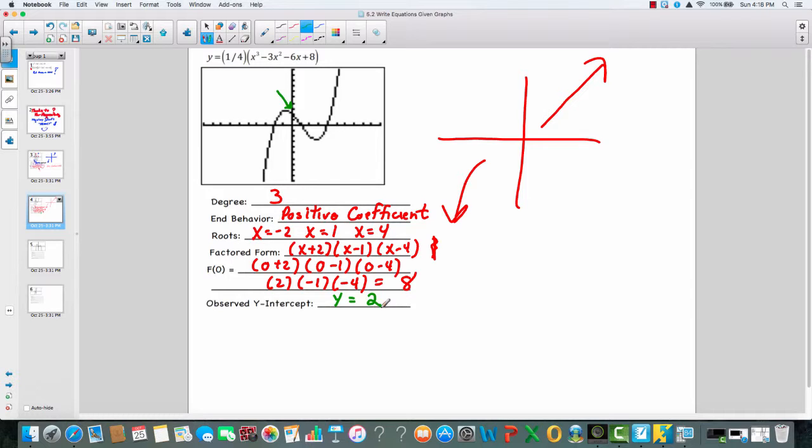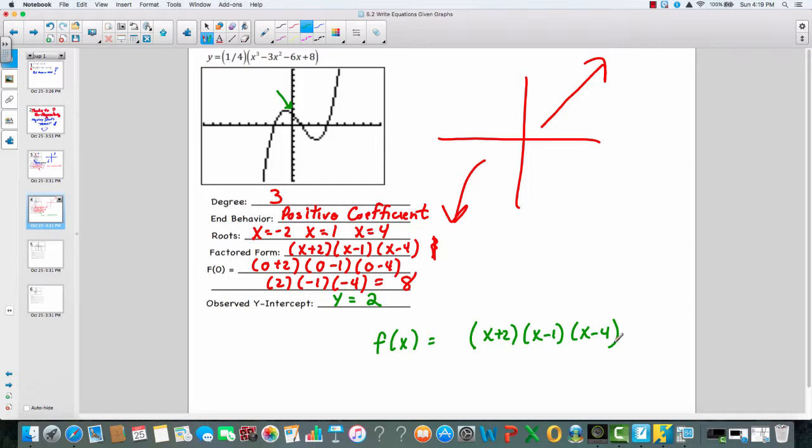So now when you write the final answer, f of x equals, you've got your factored form. It's a positive coefficient, so I'm not going to write anything in front of it. x plus 2, x minus 1, x minus 4.